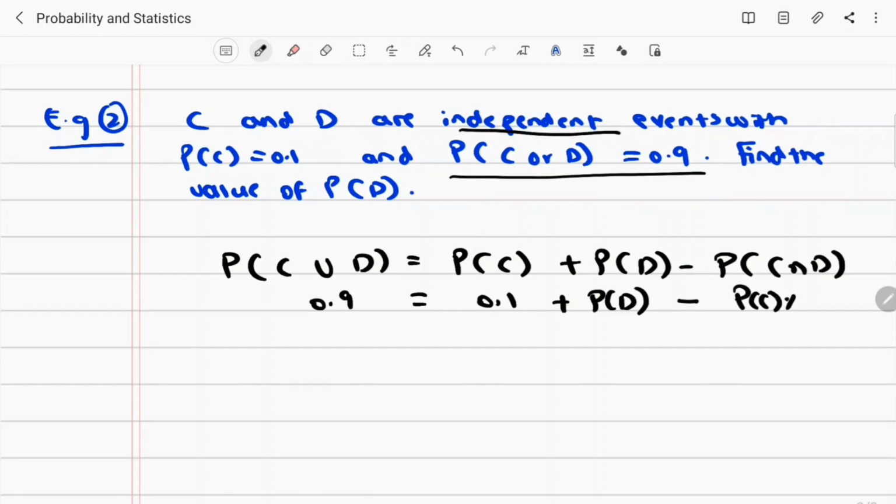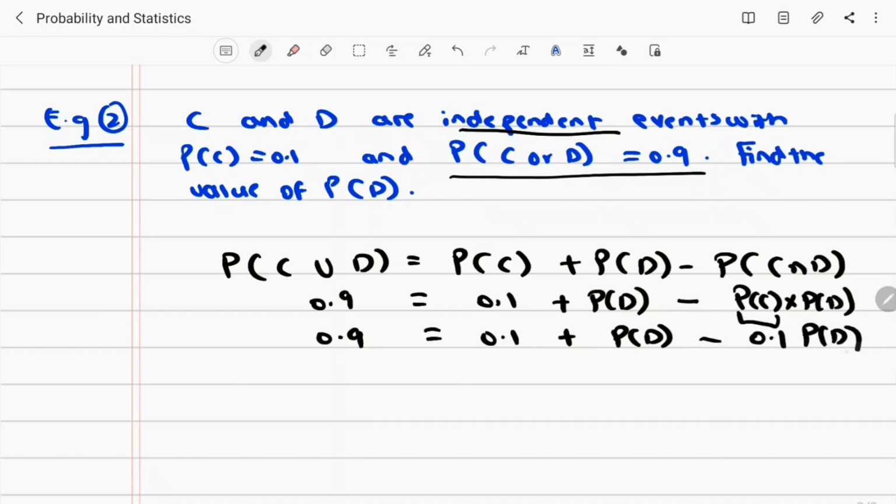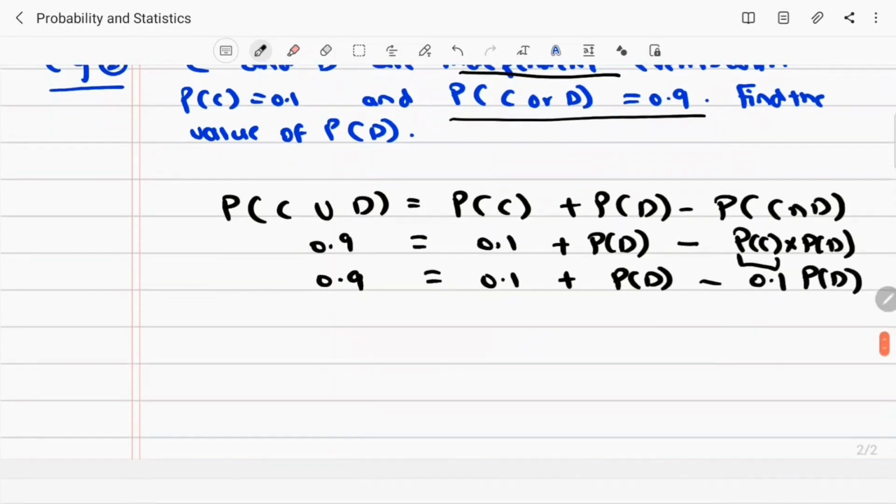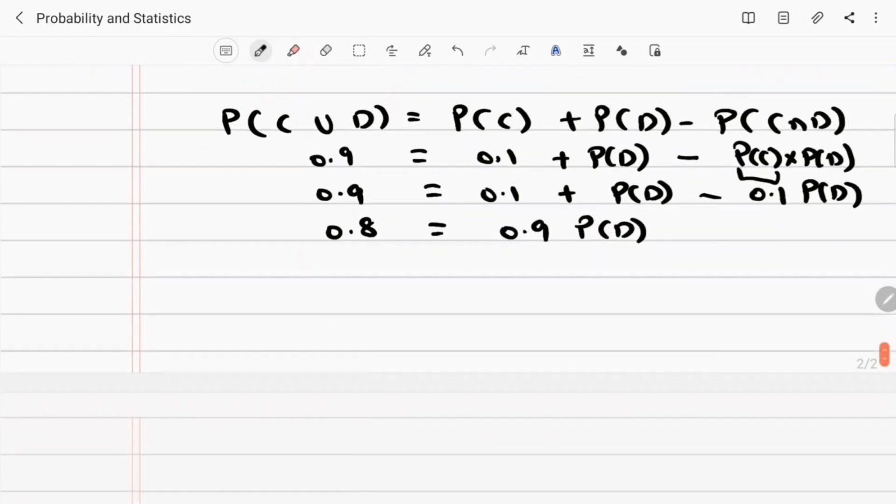So it will be probability of C multiplied by probability of D. So we have 0.9 equal to 0.1 plus probability of D minus 0.1 times probability of D. Now it's just a matter of solving that. So 0.8 equals 1 minus 0.1, which gives us 0.9 D. And you solve that, which would be 0.8 over 0.9, which is 8 over 9.